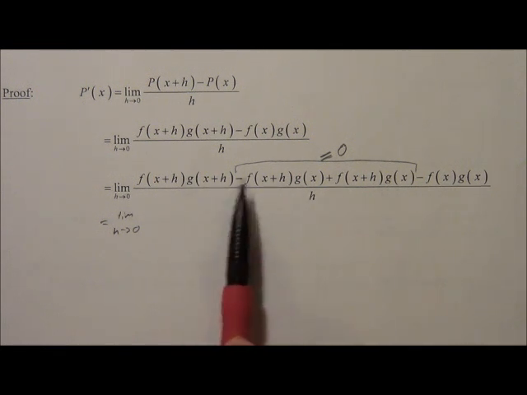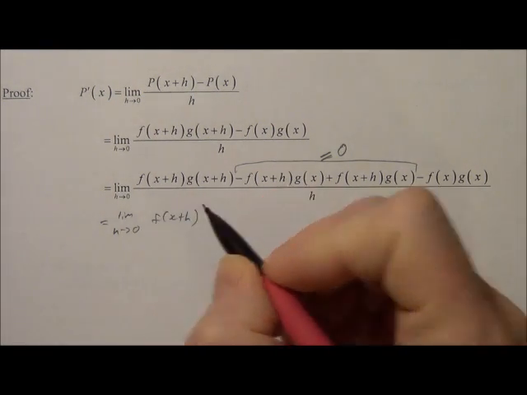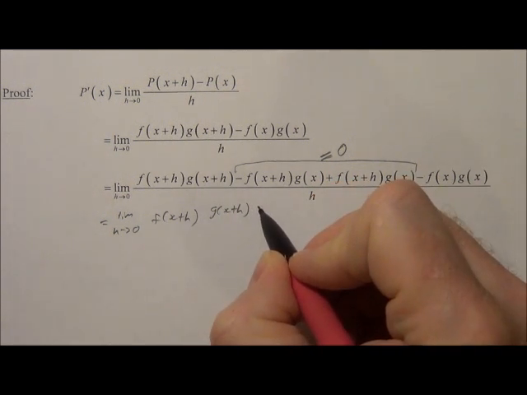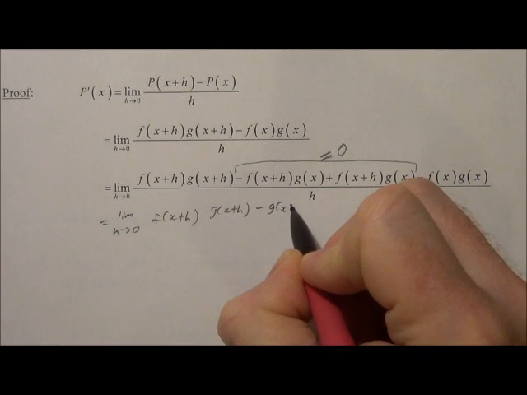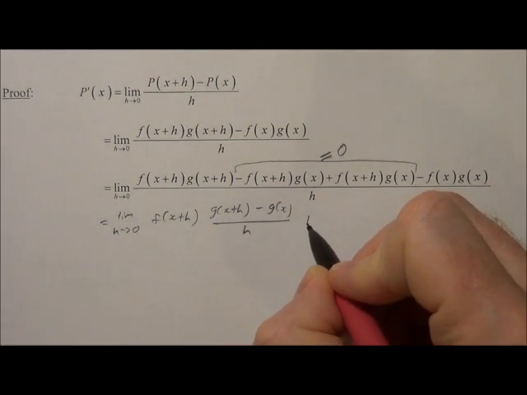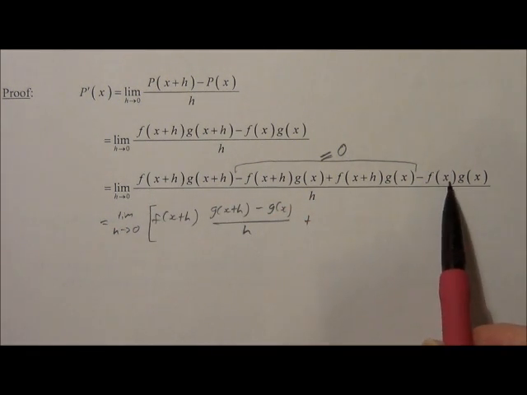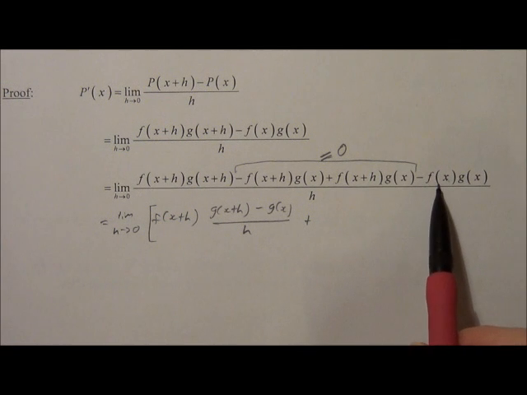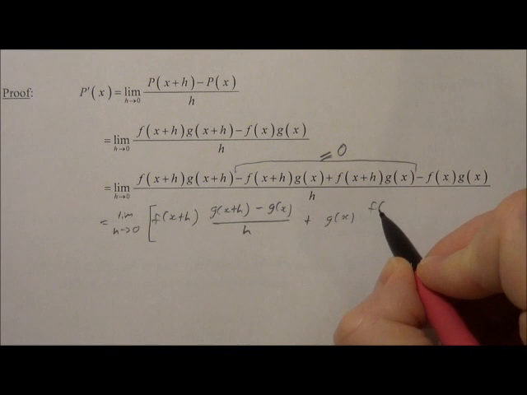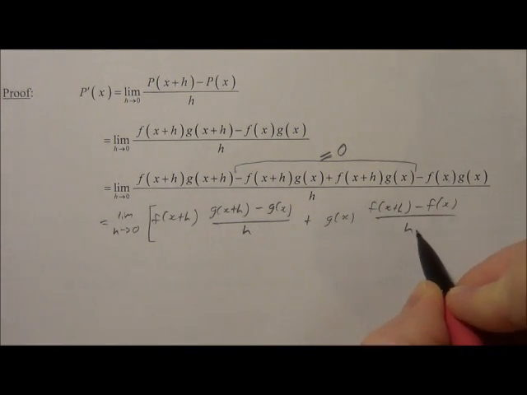That leaves us g of x plus h minus g of x, again all over h. This is all in square brackets here. Now we're going to add, and factor out g of x from the other two terms, and that leaves us with f of x plus h minus f of x all over h.